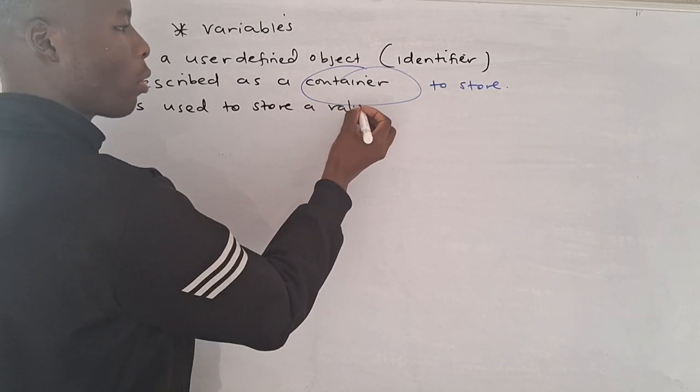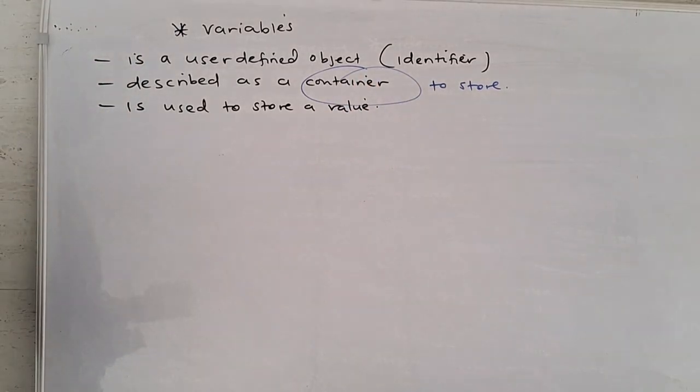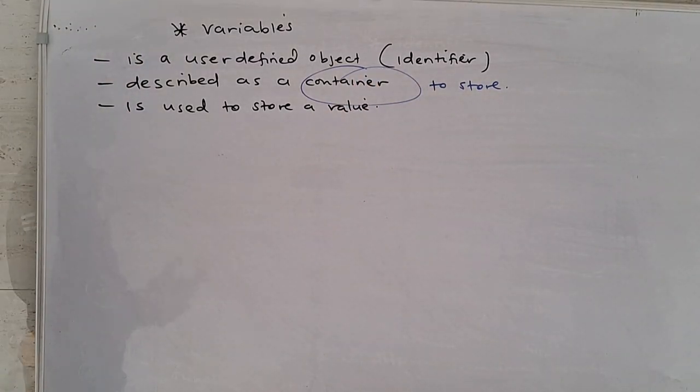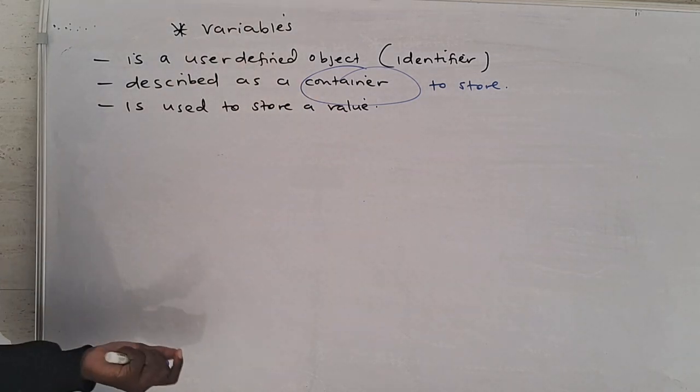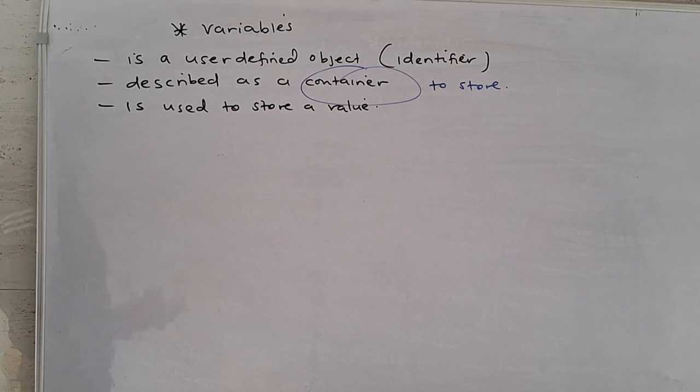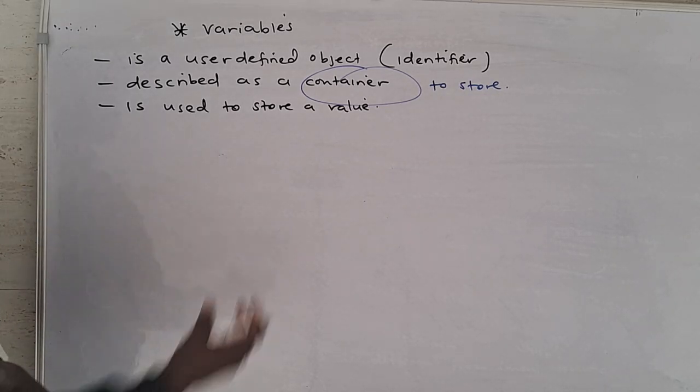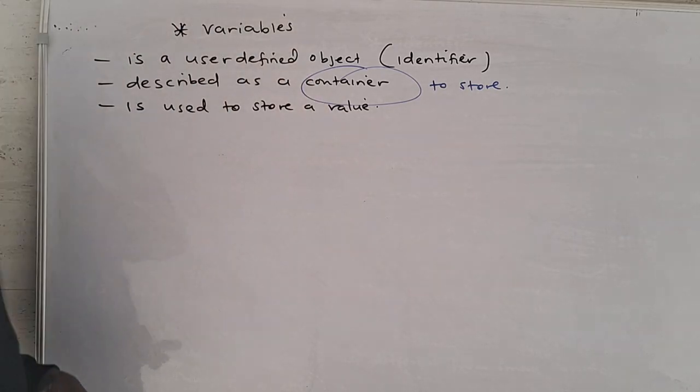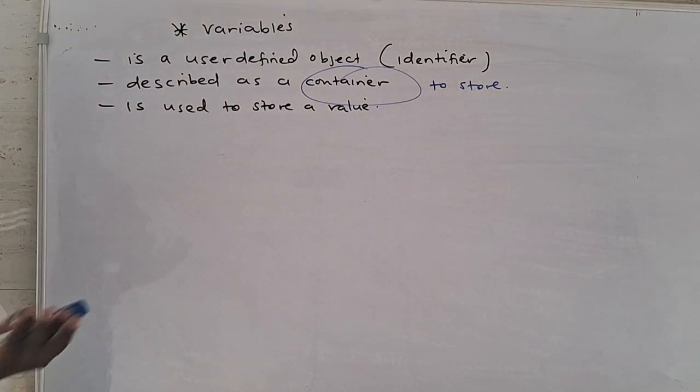Suppose you want to store some value. For example, let's say you have 2. Where are we going to store this 2? We are going to store this 2 in a variable. We have -7. You want to store this -7. We are going to store this -7 in a variable. Let's say you have 120, you have 20.5.